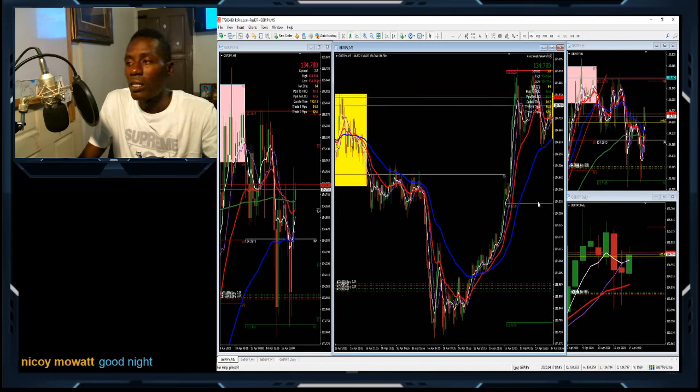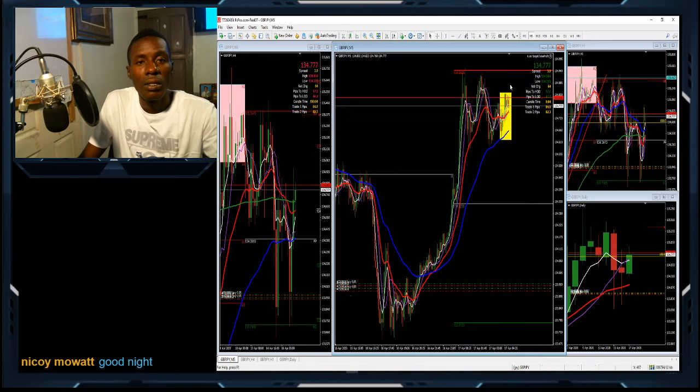So this is where the execution takes place. I have my auto stop and auto take profit. Each time I take a trade, the stop is placed automatically and the take profit is placed automatically.